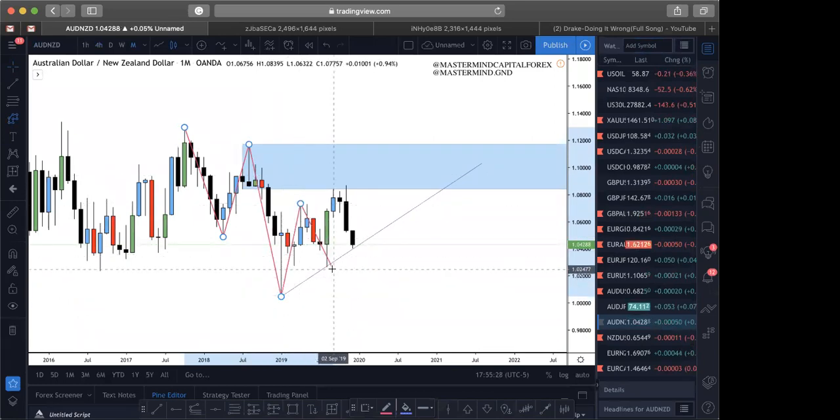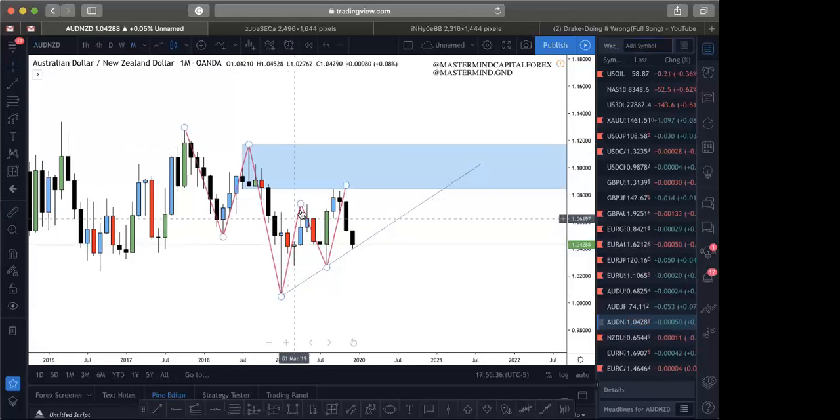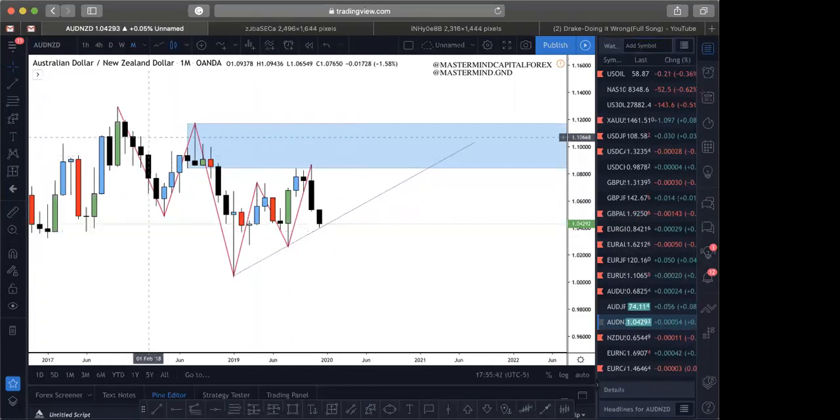And then we had a break of structure, meaning the market made a low, made a lower high, made a low, then it made a high, and then it made a higher low, and then made a higher high. So on the monthly chart, we can see that it is bullish.